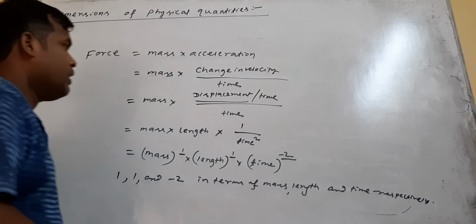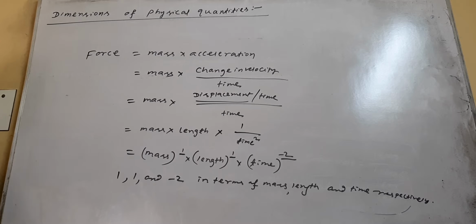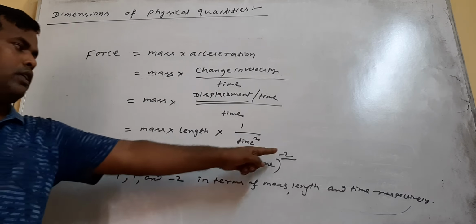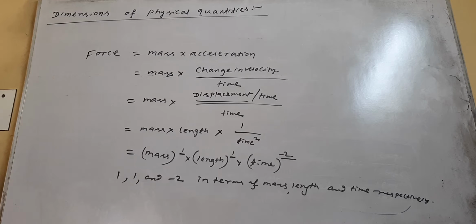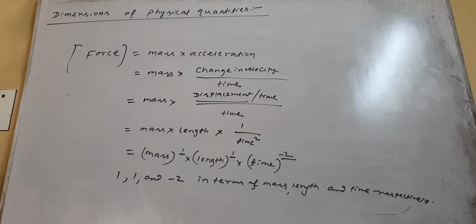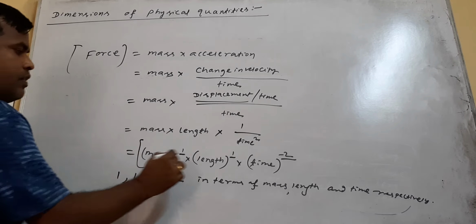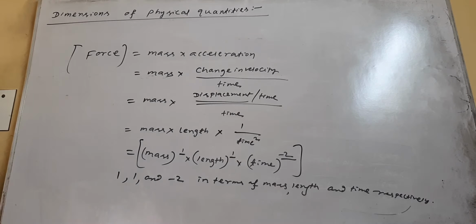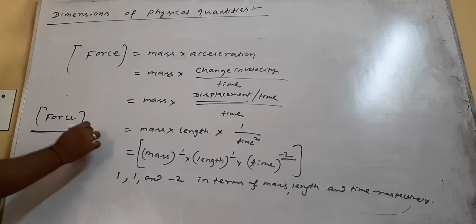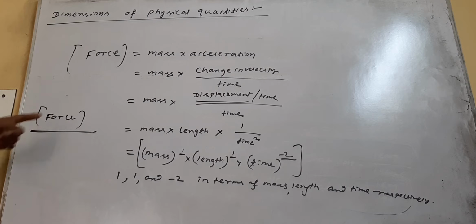That means dimensions of force are 1 in mass, 1 in length and minus 2 in time. And you remember, the dimensions are represented by square brackets. Force in square brackets means it is asked about the dimensions of force.